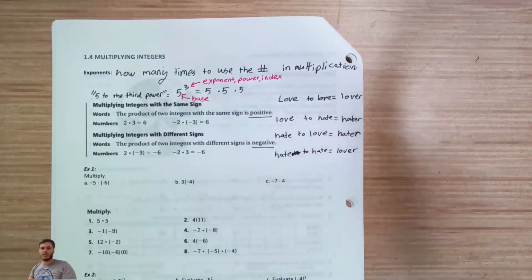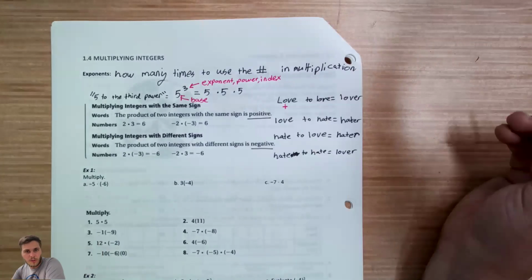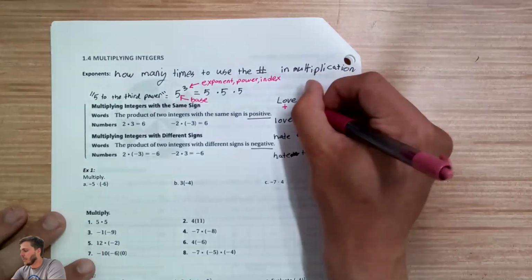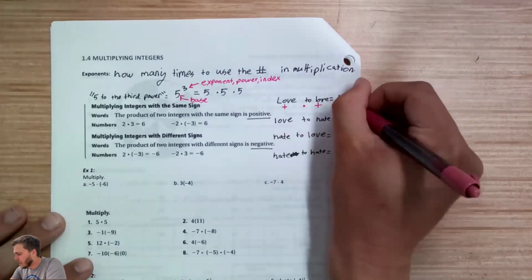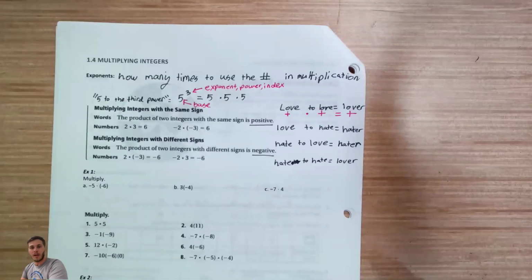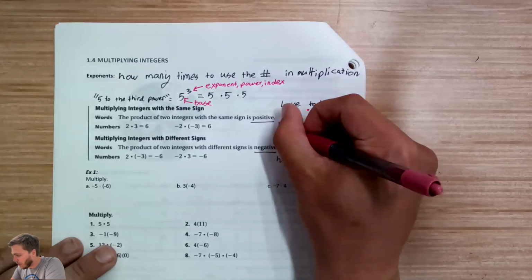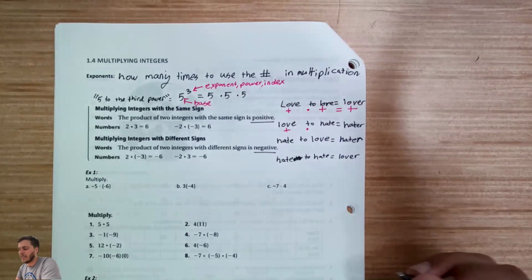All right. So what does all this mean? Well, I think of love as being positivity. So we associate love and positivity with positive numbers. Love to love, if you're taking a positive number times a positive number, you're going to get a positive number. If you love to hate, I said love means positive numbers, well, you can probably guess it. I represent hate here as our negative numbers.